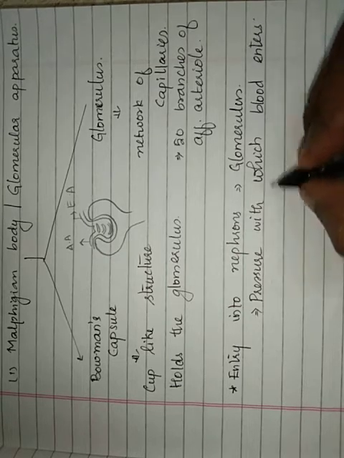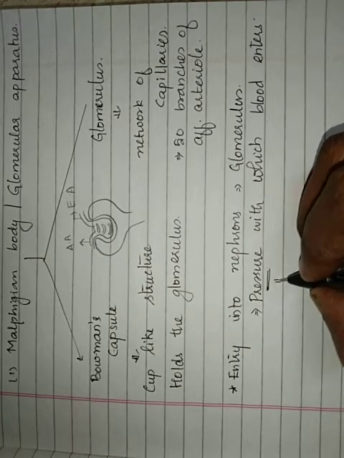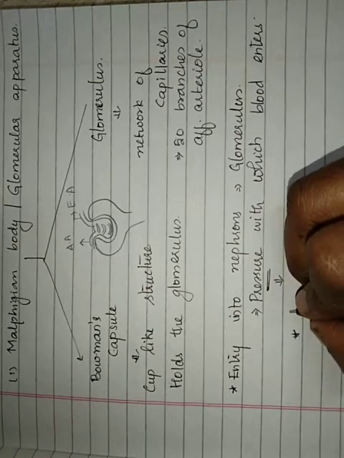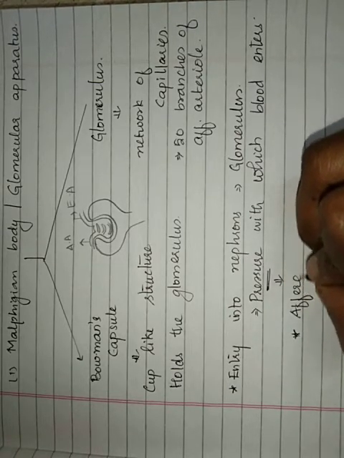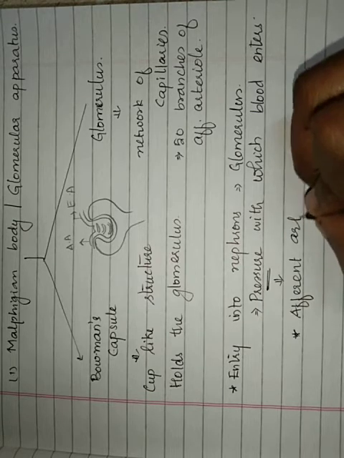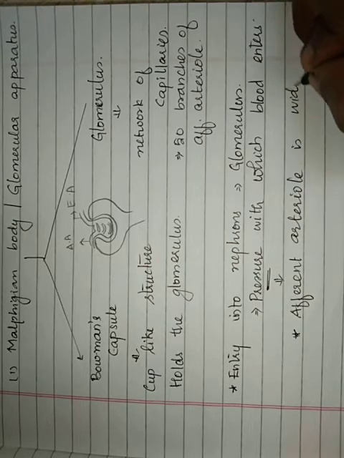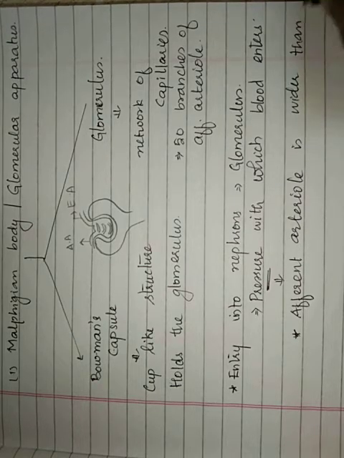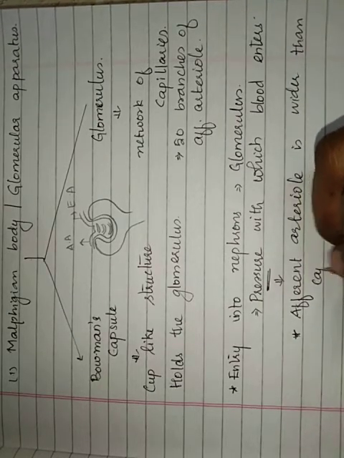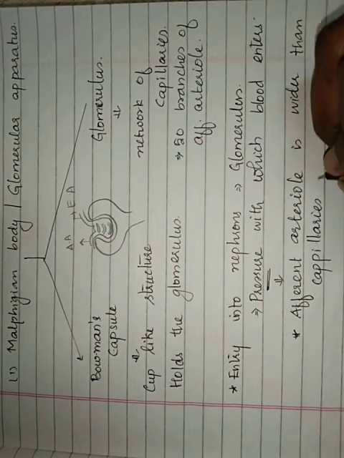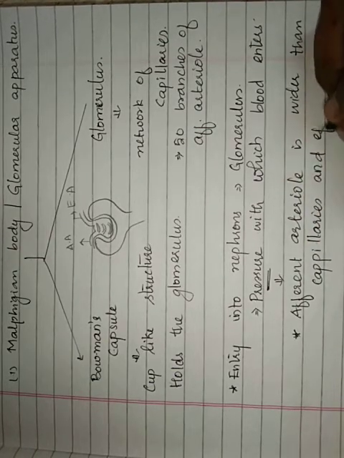Why is the pressure built up? The reason for this pressure is, first, the afferent arteriole is wider than the capillaries, that is the glomerulus, and the efferent arteriole.